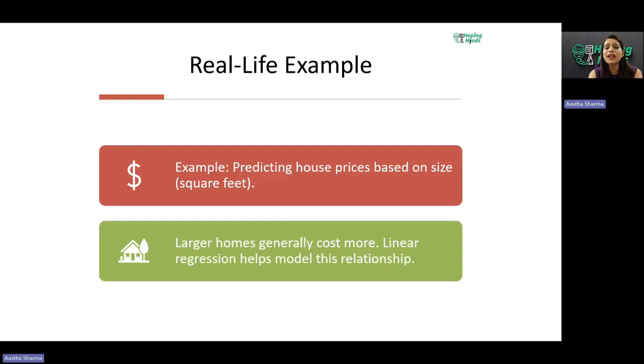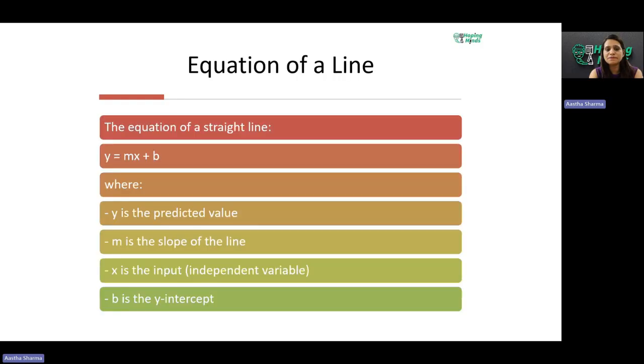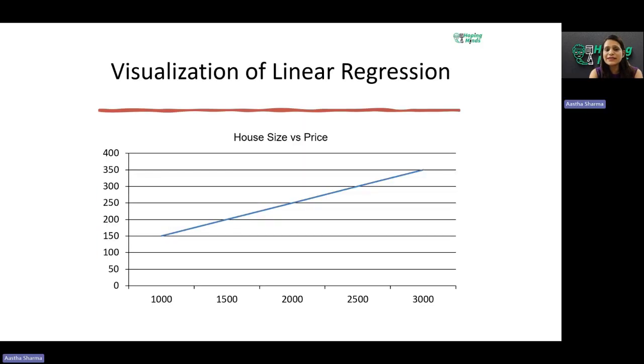Linear regression is usually used for things like larger homes, where you are creating a straight line. Let me give you an example. If you can see this line, if you are starting at 1,000, the price is just 150. If you are moving ahead to 1,500, the price is also going to be higher, which is 200.